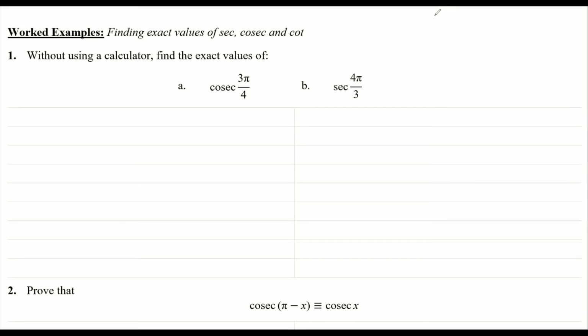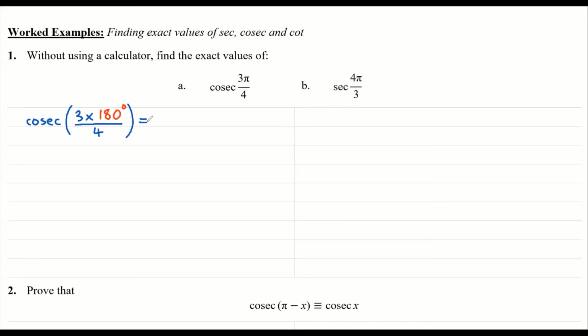Okay, so the first example, we have to find the exact value of cosec of 3 pi over 4. Now, once again, because radians is quite a new topic, you might find it easier to convert the 3 pi over 4 into degrees, and I wouldn't blame you for doing that. So let's just start off with cosec, and if I replace the pi with 180 degrees, as we discussed earlier, that's probably the easiest way to do it, and divide that by 4.